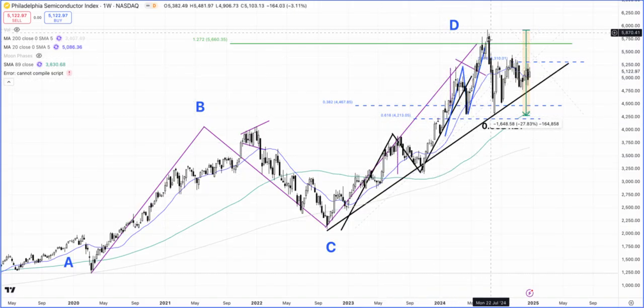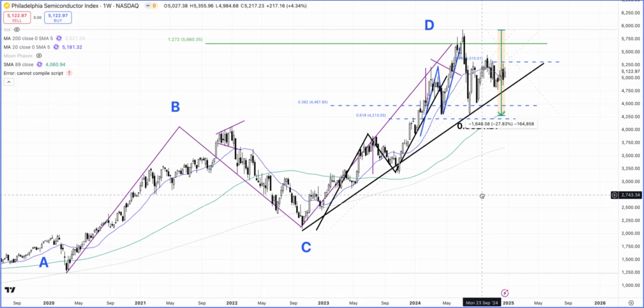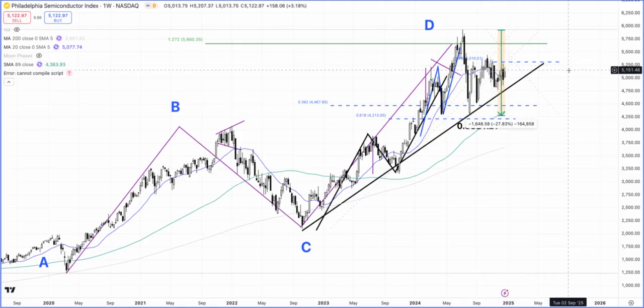There were smaller cycles coming into it, which I've highlighted in blue color, and then there's this black one which is completed around here. Now the key thing is that it corrected nearly 30%, minus 27.83%, and it's gone nowhere. It's just in a trading range, and it's being capped by the 61.8% retracement.